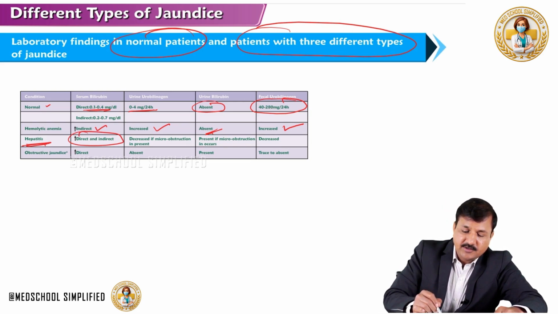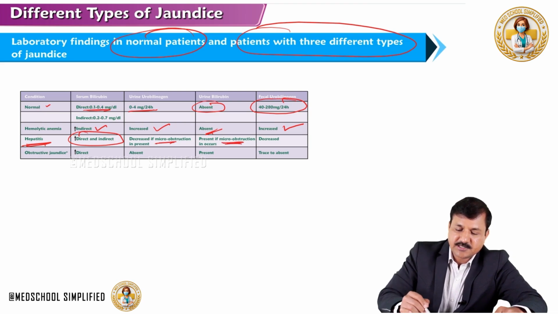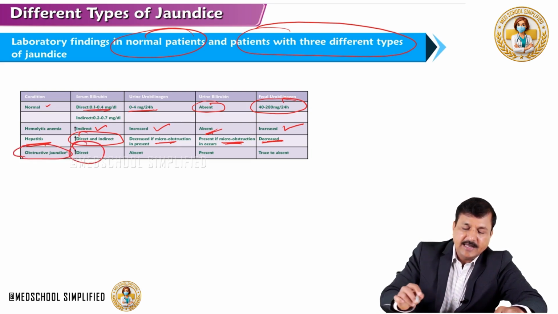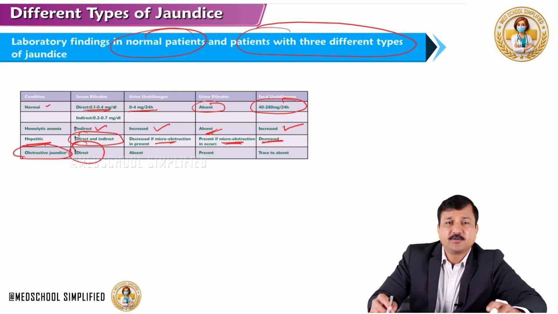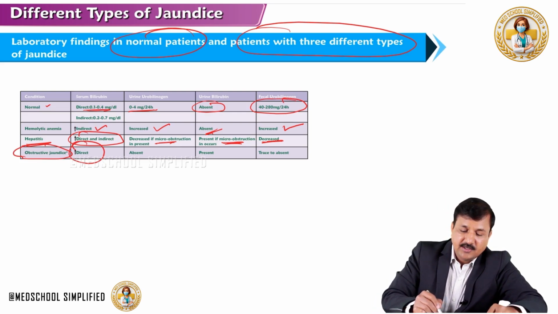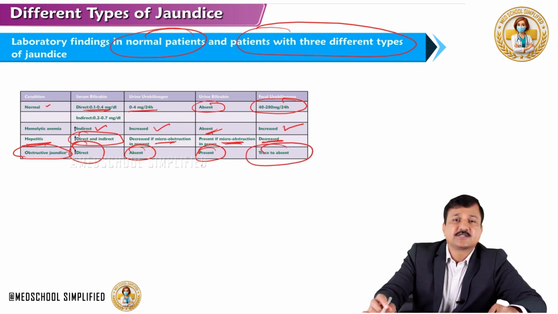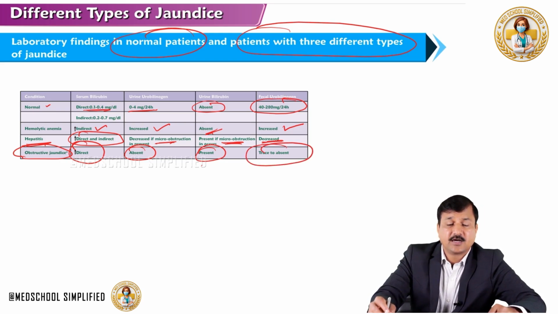Urine urobilinogen is decreased if micro-obstruction is present, urine bilirubin is present if micro-obstruction is present, and fecal urobilinogen is decreased. Coming to obstructive jaundice, where direct bilirubin, that is conjugated bilirubin, is predominantly elevated, urine urobilinogen is absent, and urine bilirubin is present, that leads to dark colored urine, and traces to absence of fecal urobilinogen, clay colored stool.